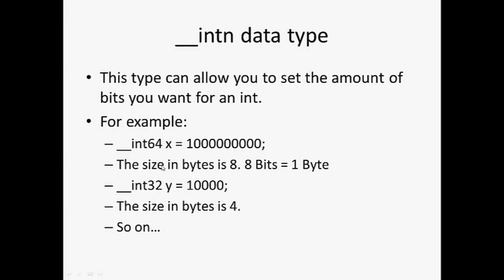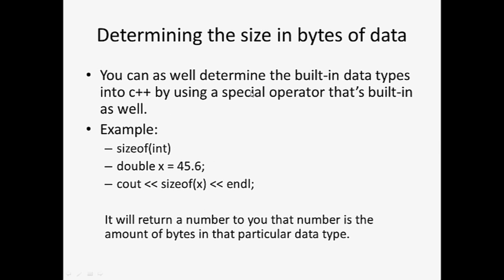Then we give the identifier name, and assign some kind of value to it. Then the size is 8 bytes. Remember, 8 bits is 1 byte, depending on your system. Here we declare int32, it says 4 bytes, and so on.